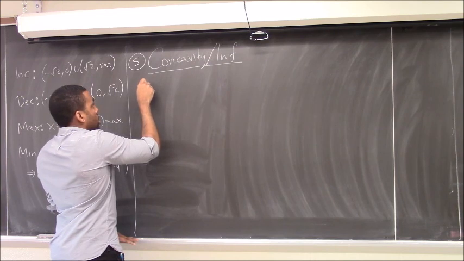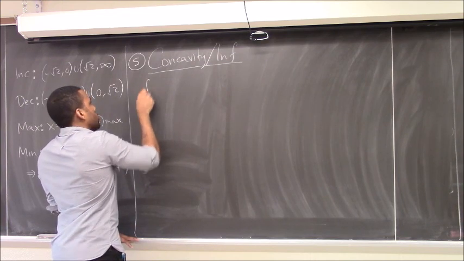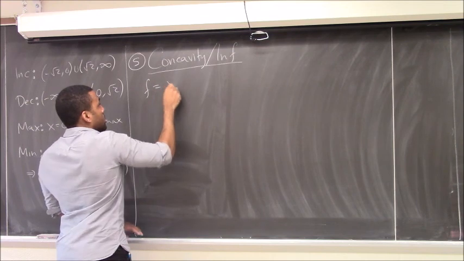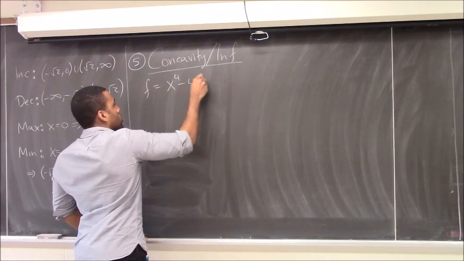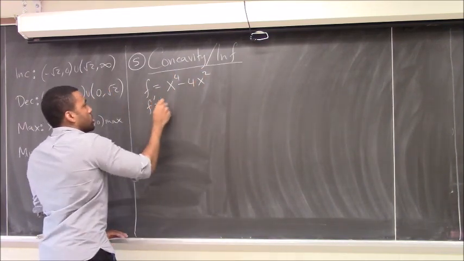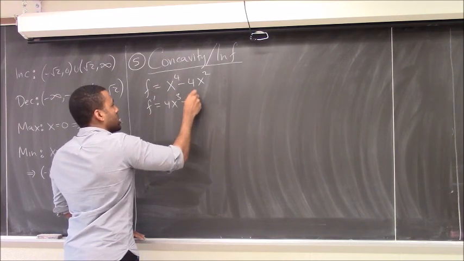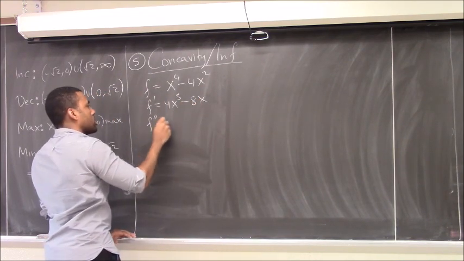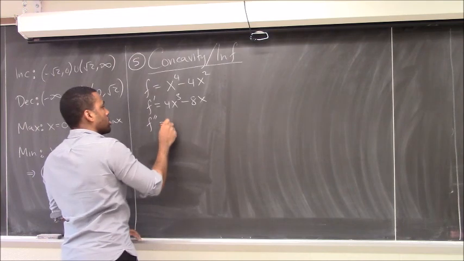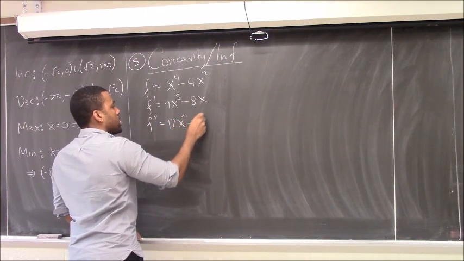So what was the original? It was x to the 4th minus 4x squared. The first derivative was 4x cubed minus 8x. So I'm going to go to the second derivative: 12x squared minus 8.